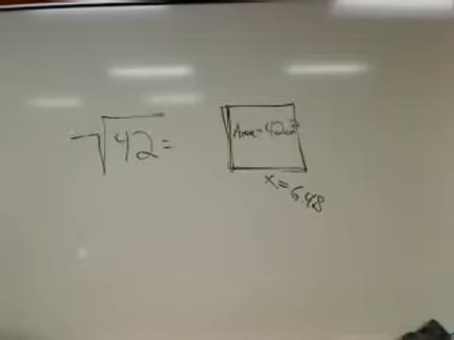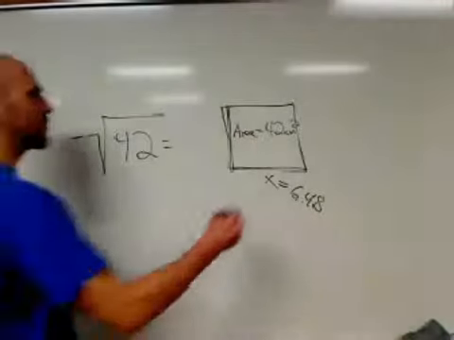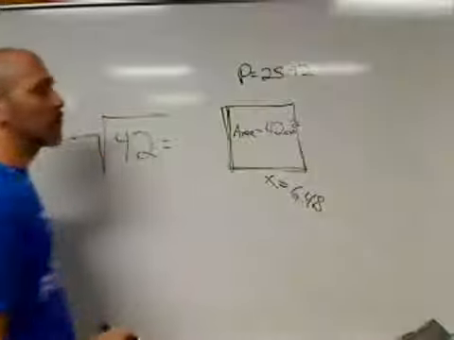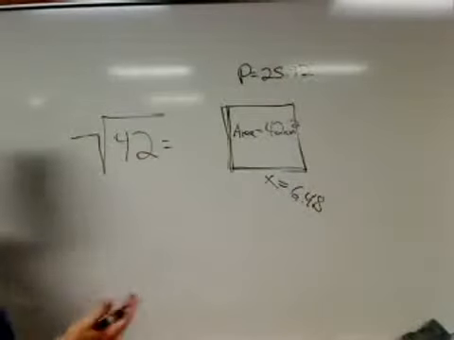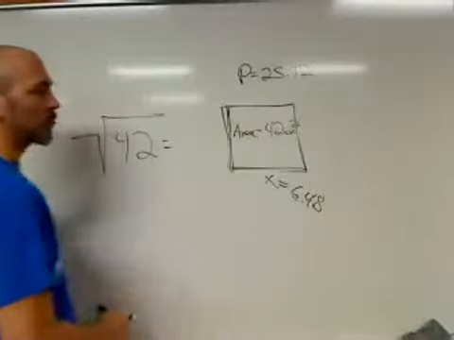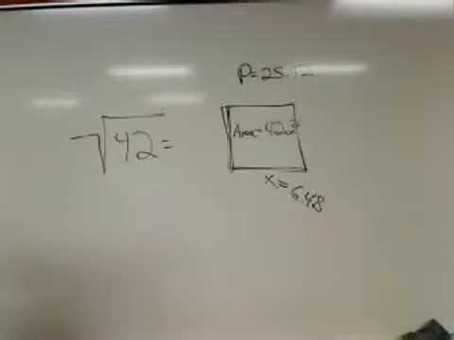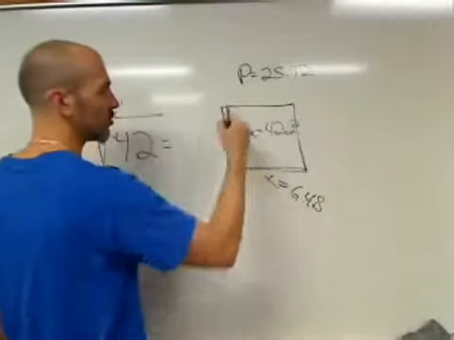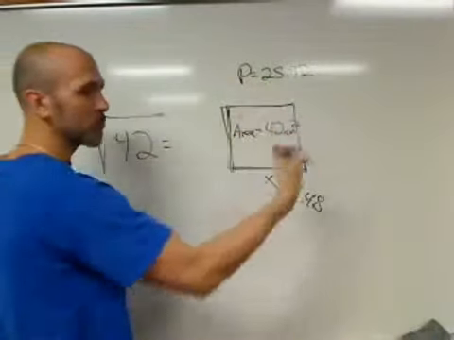If I just do 6.48 times 4, it comes out to 25.92. So the perimeter would be 25.92. And you need to be prepared to be able to do that. You need to be able to find the square root of 42 to find the side, and then multiply it by 4 so you can find the perimeter. And sometimes they'll say, if this was a track, what would the distance be if you went 4 times around it? So then you'd have to find the perimeter and multiply by 4.